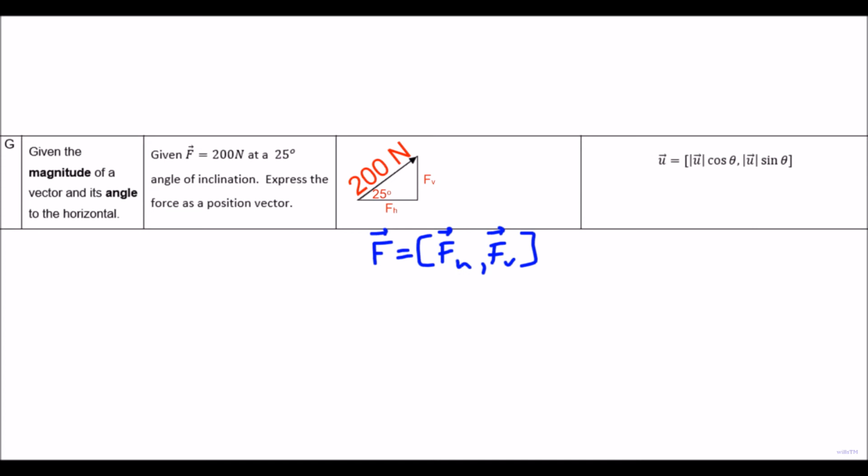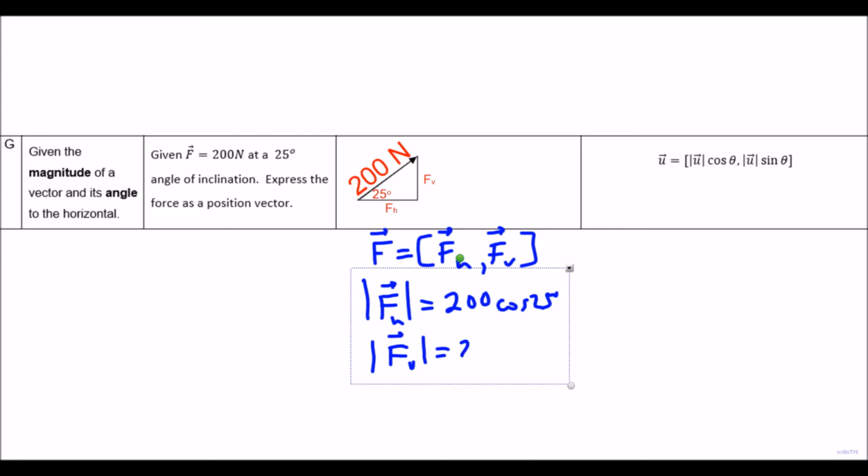So here, I know that the magnitude, going back to last unit, of h is equal to 200 cos 25, and I know the magnitude of v, again going back to last unit, is 200 sin 25. So what does that mean?